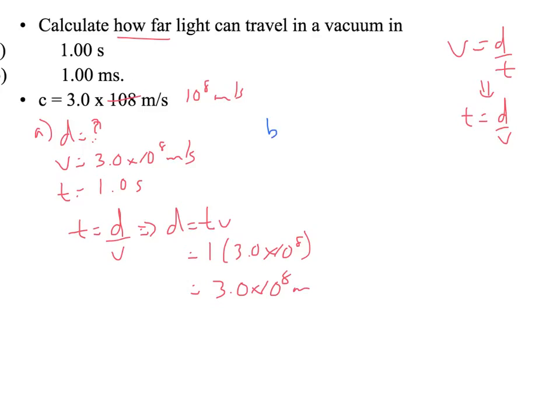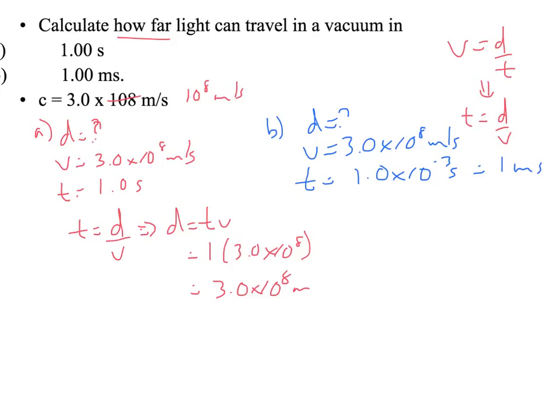B, still looking for distance. Velocity is still 3.0 times 10 to the 8 meters per second. But now our time is going to be 1.0 times 10 to the negative 3 seconds, because that equals 1 millisecond.